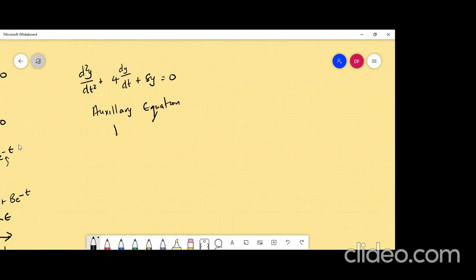So this now is k squared plus 4k plus 8 is equal to 0. This one here, we have to use the quadratic formula: x equals minus b plus or minus the square root of b squared minus 4ac, all over 2a.